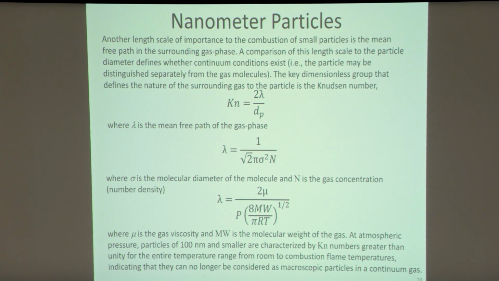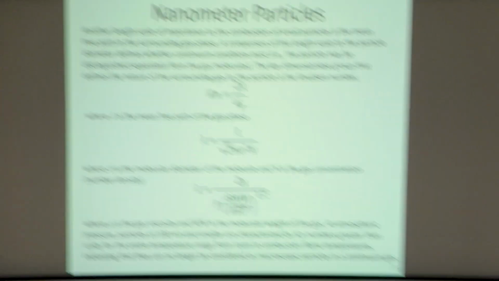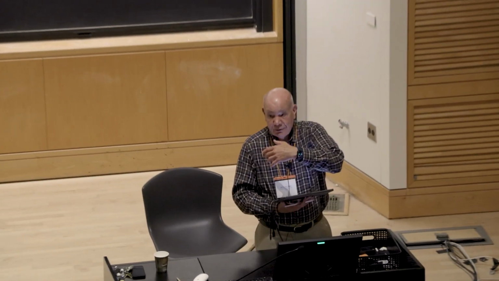Right, the assumption is when I have a large particle that the density is such that I'll have a lot of collisions with the surface, and I'll be able to differentiate then the particle from the surrounding collisions in the gas phase. But if I get to a small enough particle, it'll start looking like a molecular species itself, right?